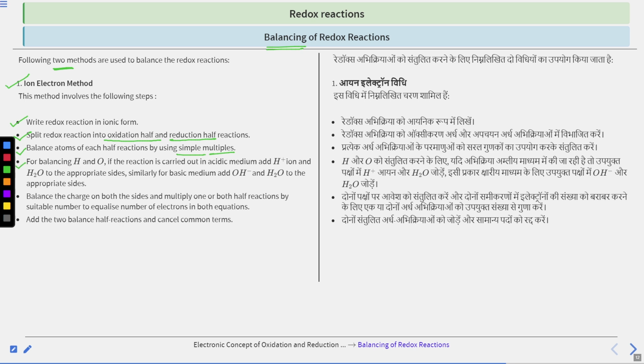Now, for balancing hydrogen and oxygen, if the reaction is carried out in acidic medium, add H positive ion and H2O to the appropriate sites. Similarly, for basic medium, add OH minus and H2O to the appropriate sites.